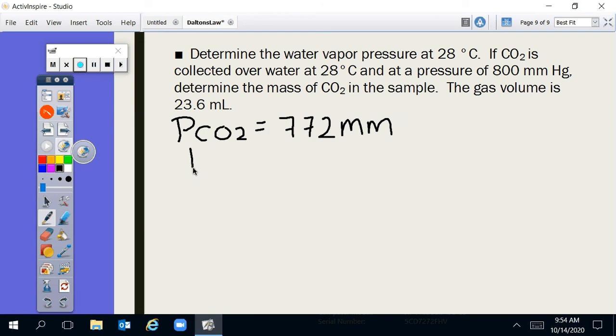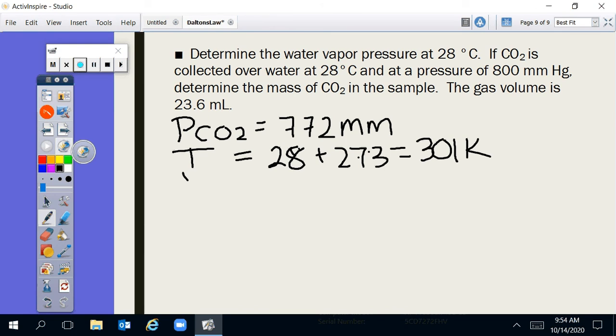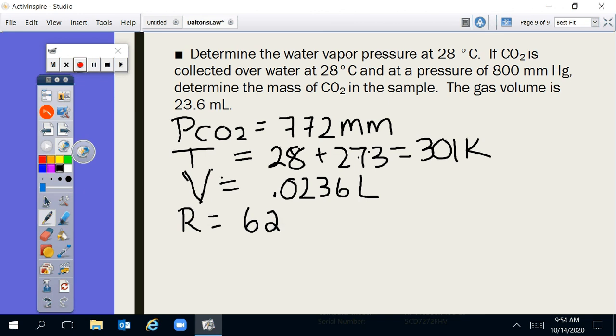I know my temperature, it's got to be in Kelvin. It's got to be 28 plus 273, which is going to be 301 Kelvin. I've got my volume. It's got to be in liters. So I'm going to make that 0.0236 liters. I'm going to use my R number as 62.4 because I need to match R to the pressure. And that's millimeters of mercury, liters over mole Kelvin.